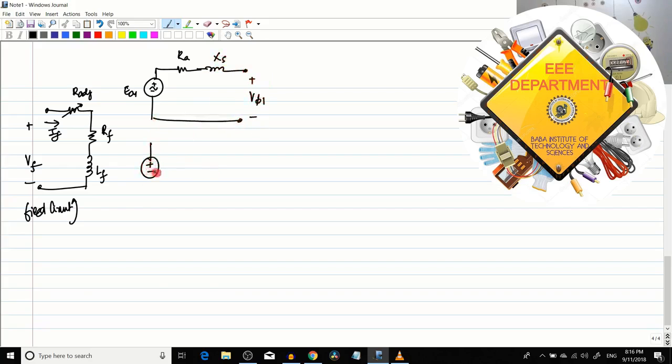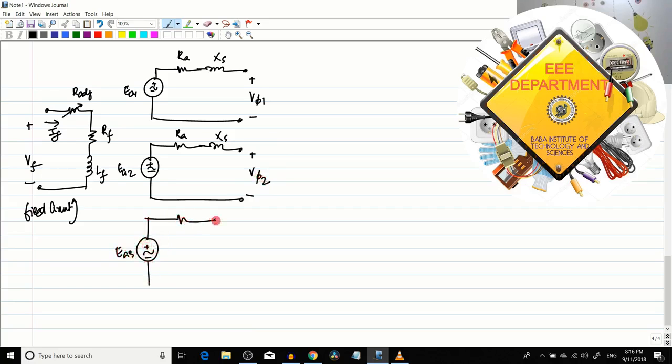Then you have your EA2, representing the second phase, with the same RA and XS. The phases are assumed to be balanced, and this is your V phase 2. And here you have the third phase, EA3, with RA and XS, and a V phase 3.